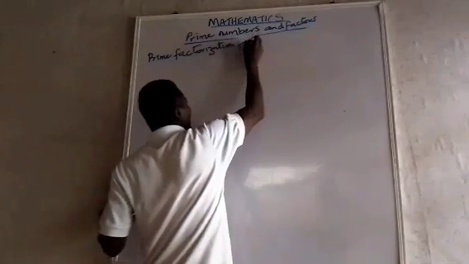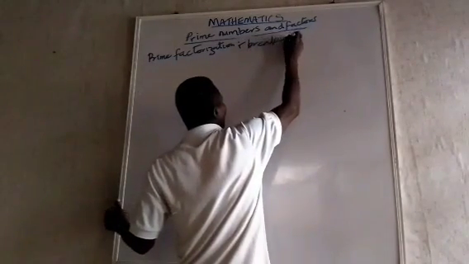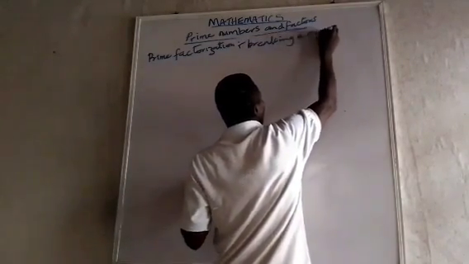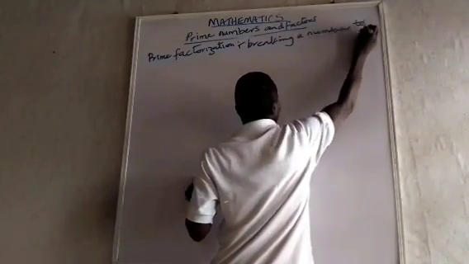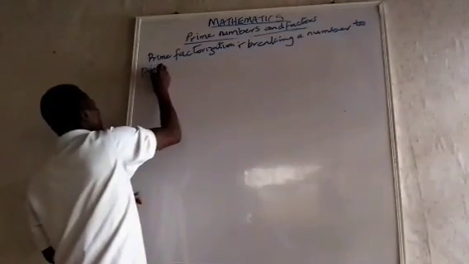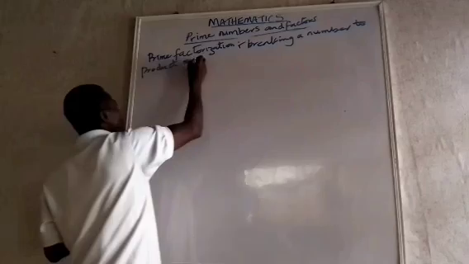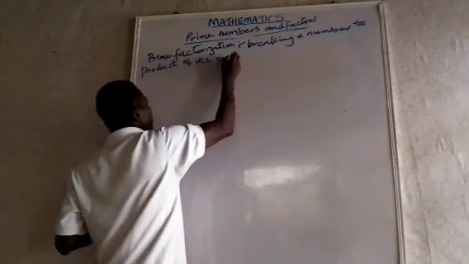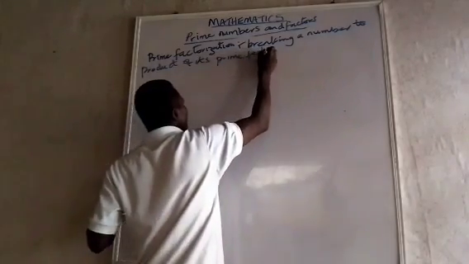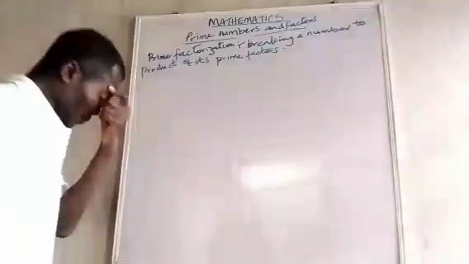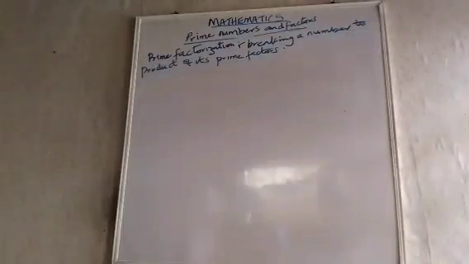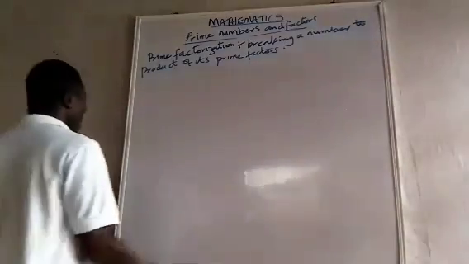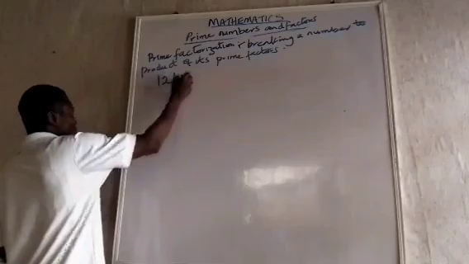That is, breaking a number into products of its prime factors. Let's look at the number 126.